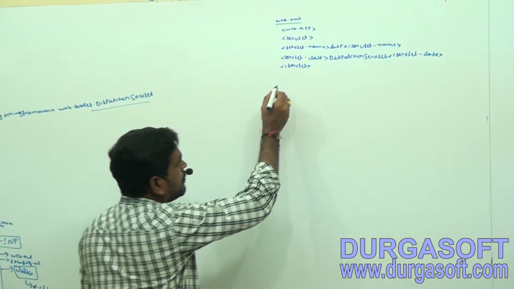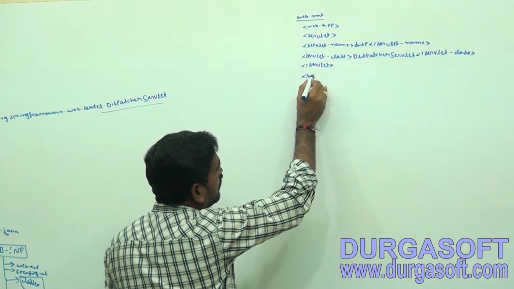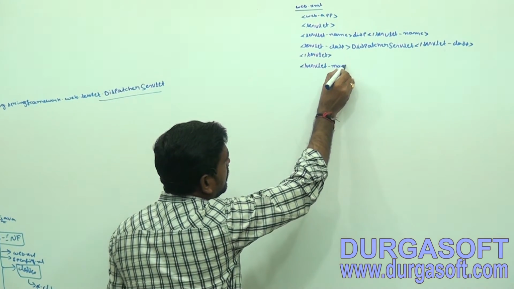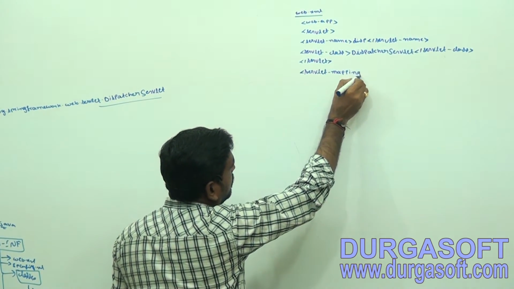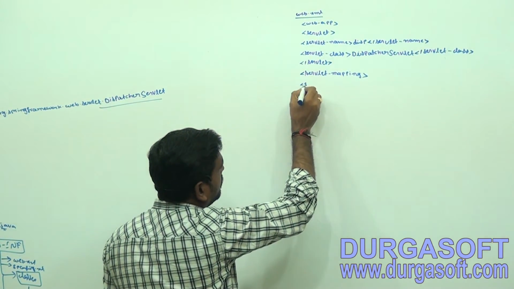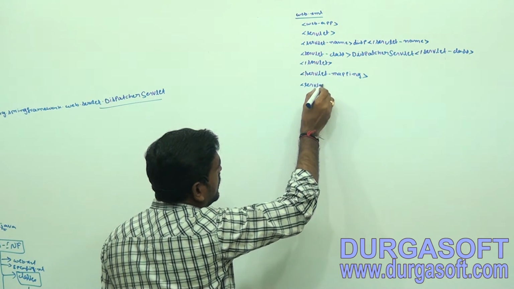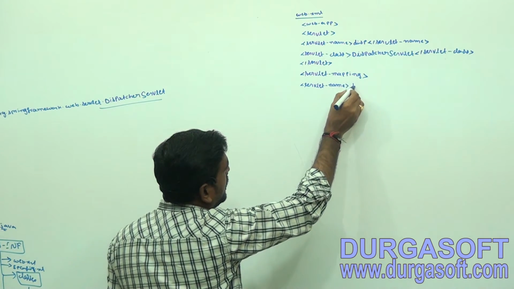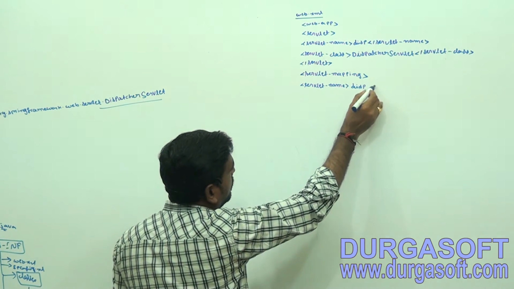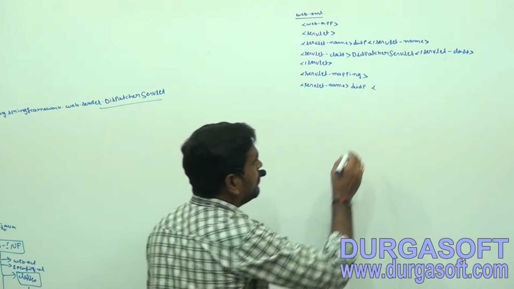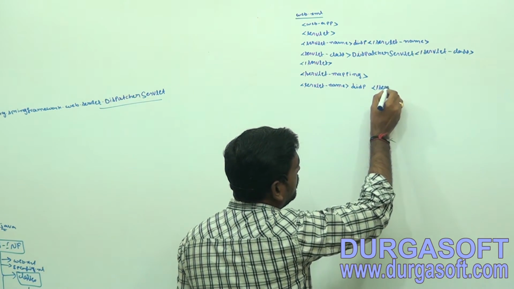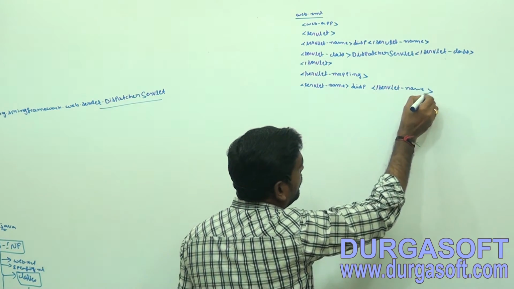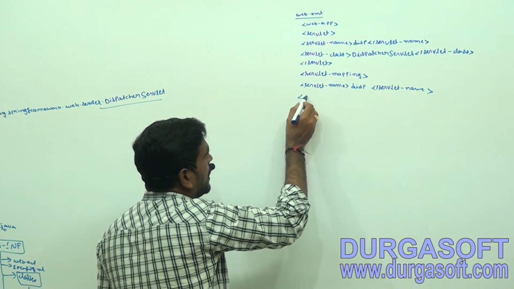Then next, servlet-mapping. The next, servlet-name, now disp. Close the servlet-name. The next, url-pattern.